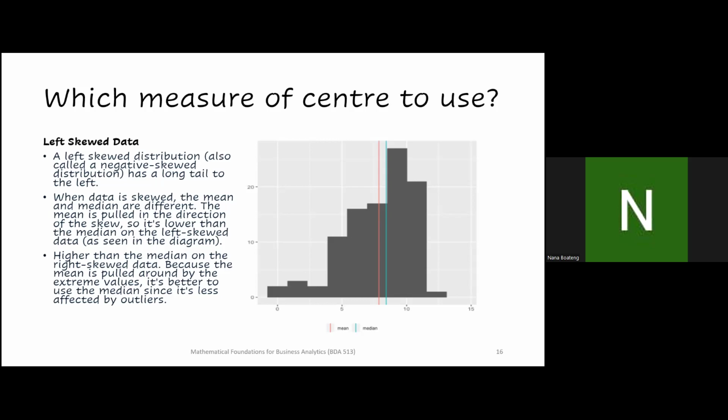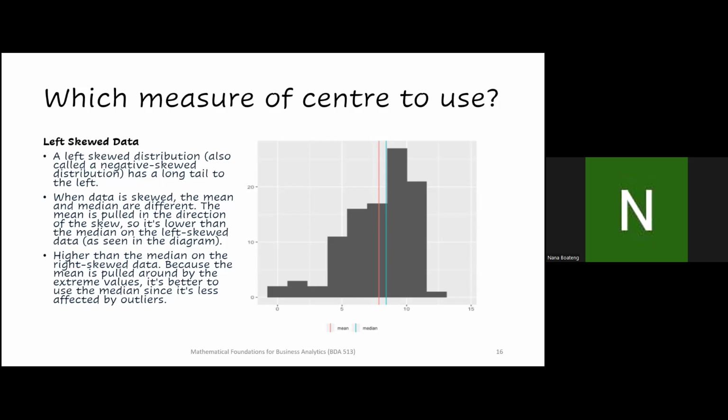And because the mean is sensitive to extreme values, it draws the mean to the left. So here you see that the mean is drawn to the left. In such instances, the median will give you greater consistency, so it's better to use your median as your measure of center rather than the mean.